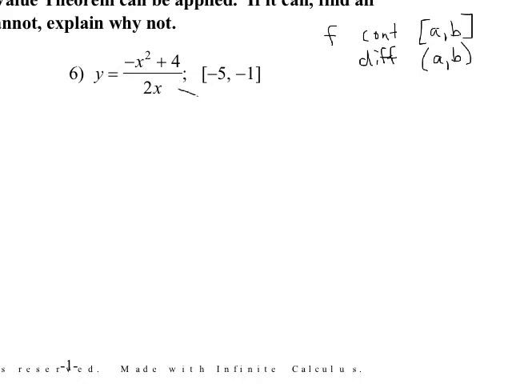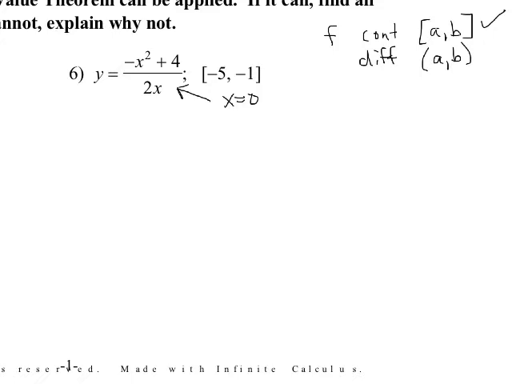So we take a look at this function, and the only spot that this function is not continuous is at x equals 0, because that would put a 0 in the denominator. So the function is continuous on the whole interval, and then let's take the derivative.